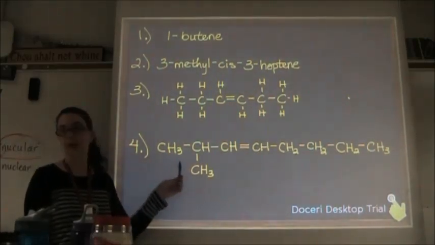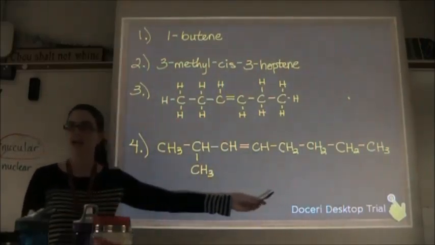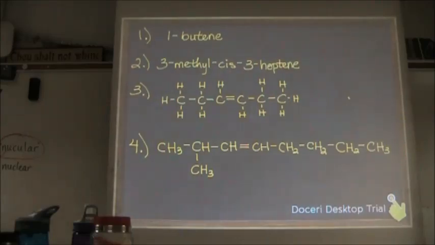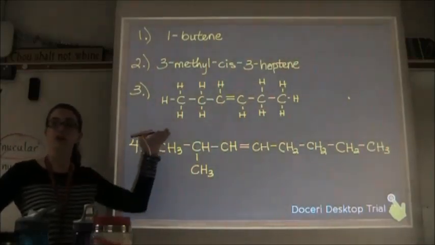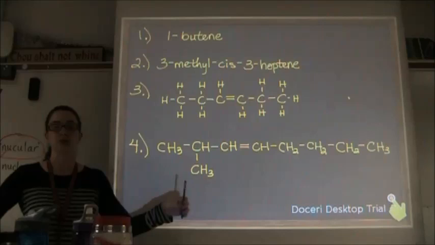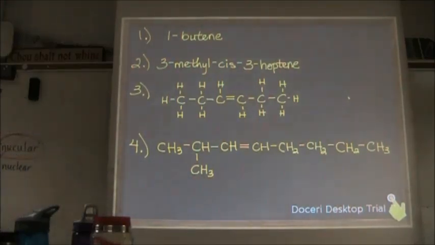This is what I typically will do. I'll show the bonds within the carbon chain, but I don't show the bonds for all the individual hydrogens. But you can. It's totally up to you. And when you are doing the drawing, you get to decide, am I numbering from left to right or right to left? It's up to you. Okay. So here's 5 and 6.